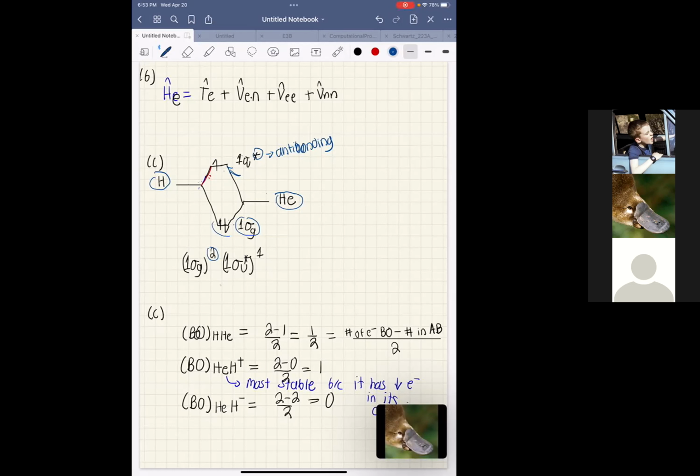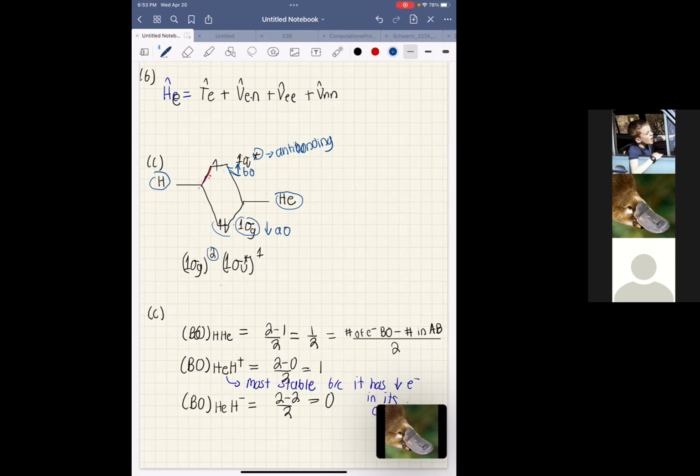It's actually lower than a 1s orbital, because when molecular orbitals interact with each other, the molecular orbital is lower in energy, because the reason atoms bond is to lower energy. But when you lower the energy, you also make an anti-bonding orbital, which is higher in energy than each atomic orbital. So this is lower in energy than the atomic orbitals, and this is higher in energy than the bonding orbitals. Does that make sense?